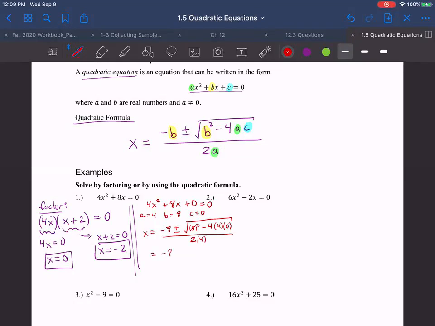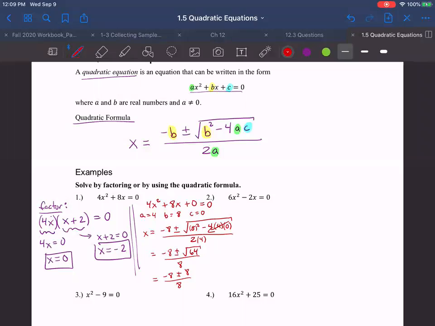This then gives us negative 8 plus or minus, here we have 8 squared, which is 64. And on this part, we have 4 times 4 times 0. So that whole part inside there is 0. And so we just have the square root of 64 over 2 times 4, which is 8. We end up with negative 8 plus or minus the square root of 64, which is 8, over 8.